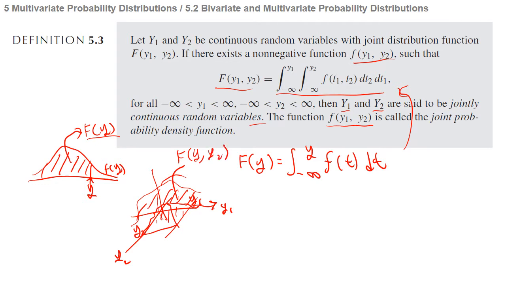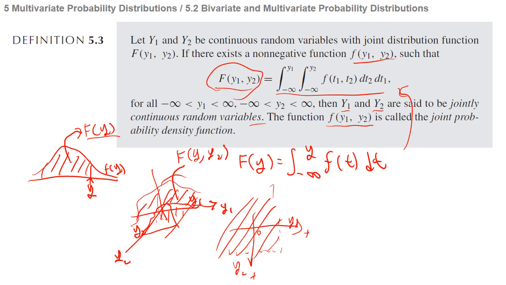The volume, if we look at y1 and y2 like this, y1 and y2, from 0 to plus, and the area of these determines the distribution function F of y1 and y2.